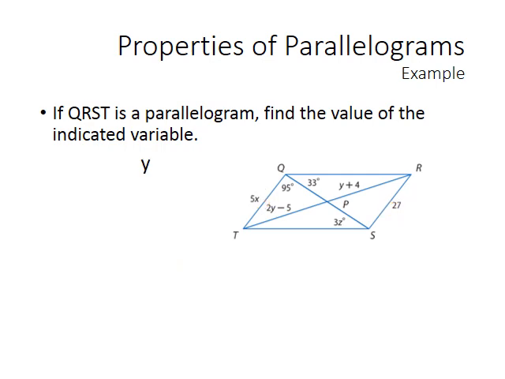What about y? Y, kind of hard to tell from the picture, but it has to do with the diagonals again. The two y expressions have to do each with their own half of this diagonal. And we know that's cut in half by itself. So 2y minus 5 has to equal y plus 4.